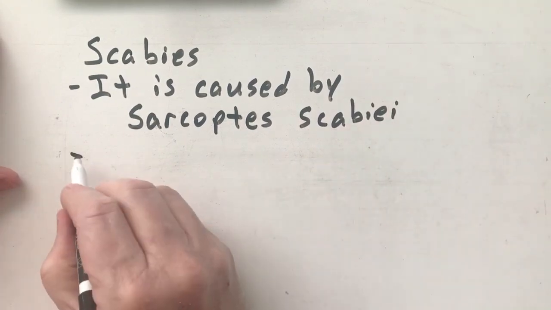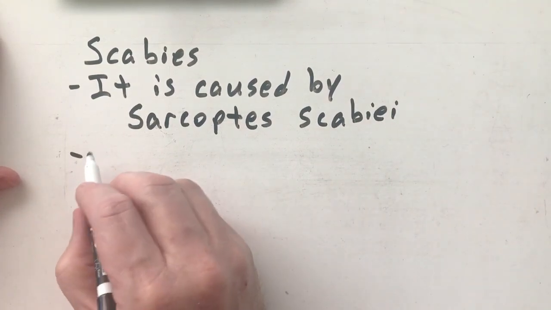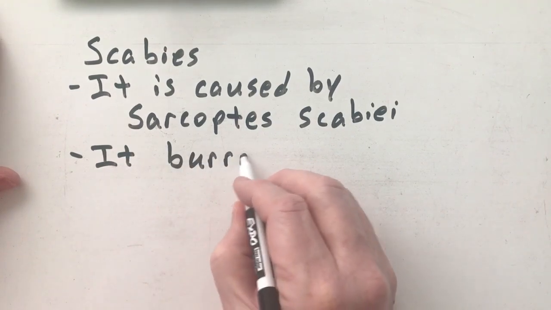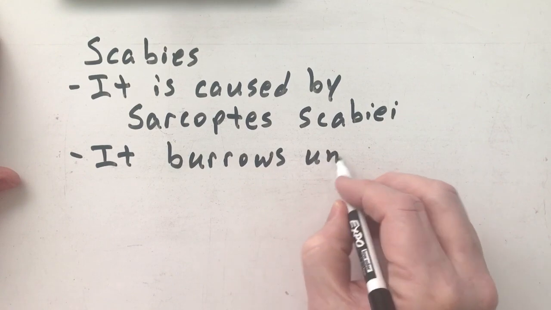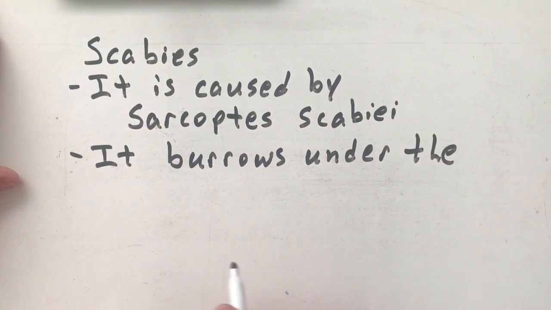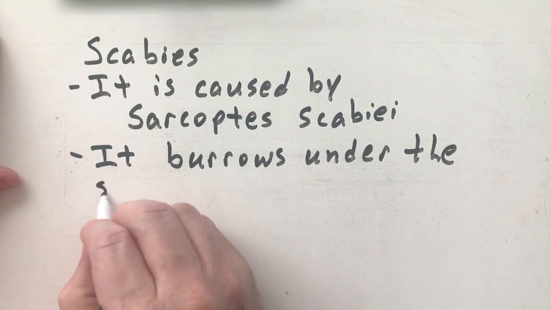What these do is they burrow under the skin. Burrows means it digs a little tunnel under the skin, and the reason it does this is so it can lay its eggs.